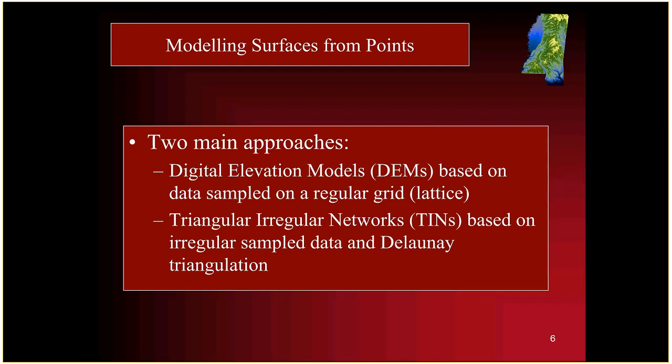This is a DEM. It's usually created through interpolation. In other words, the raster is created and then it's filled by some algorithm. Every point by point, cell by cell, an algorithm is used to determine what the value of that cell is going to be. You could use the nearest point.